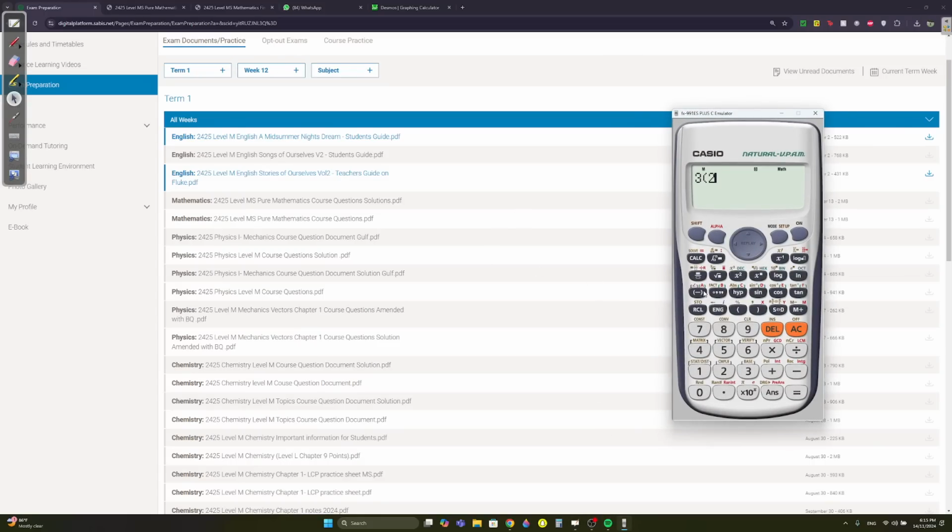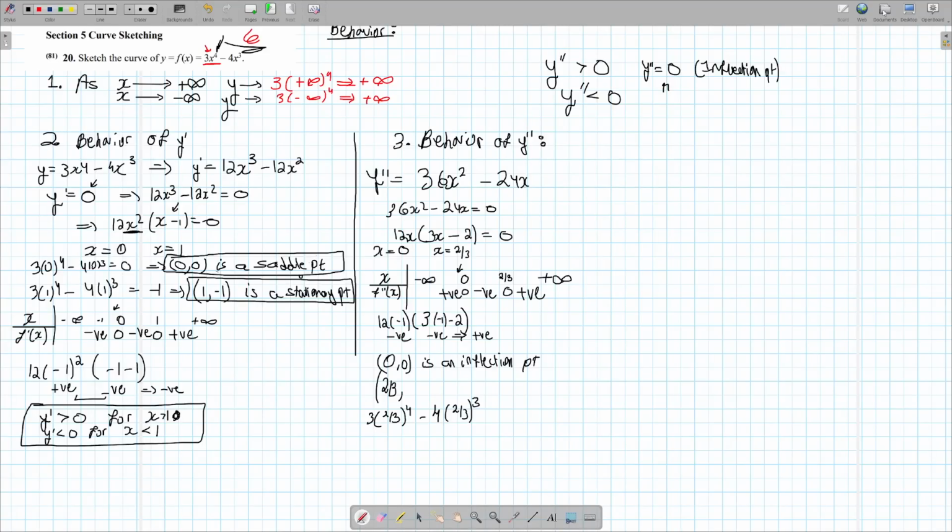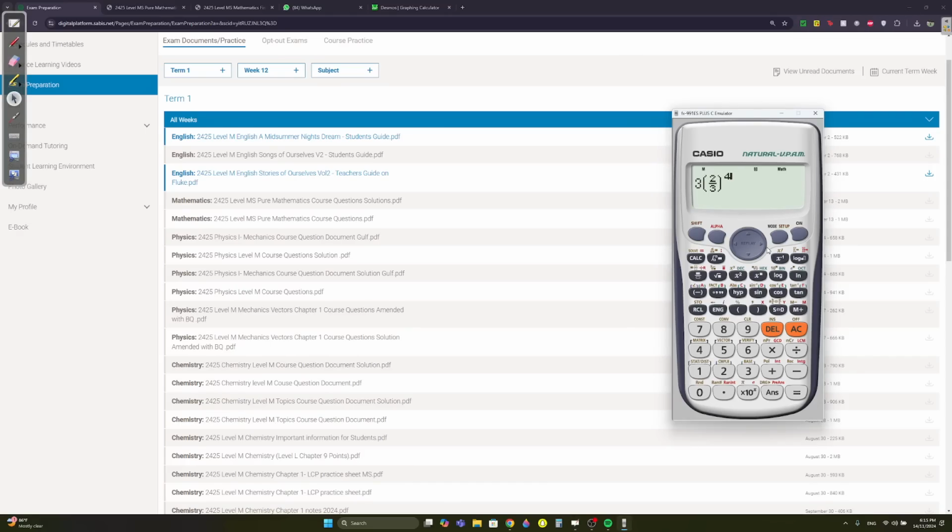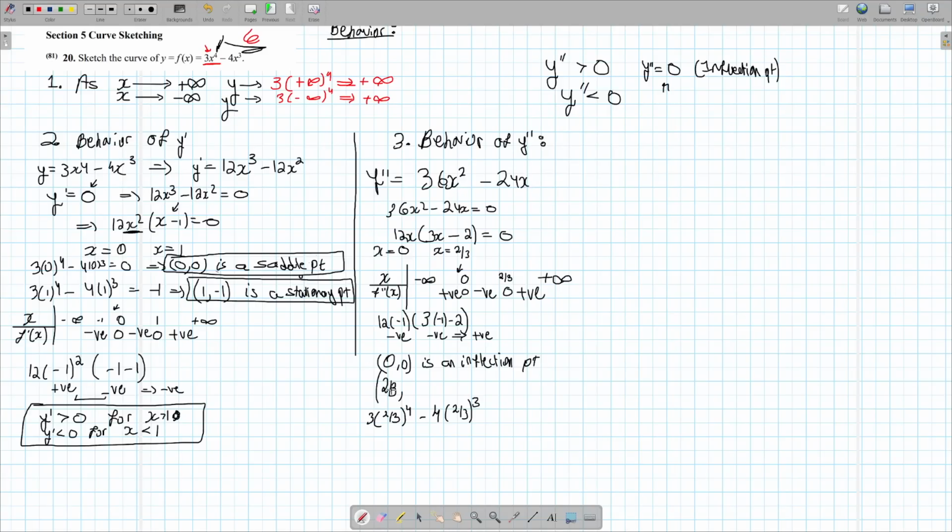You get minus 16 over 27. Minus 16 over 27 is also an inflection point. So we can now put a box around this.